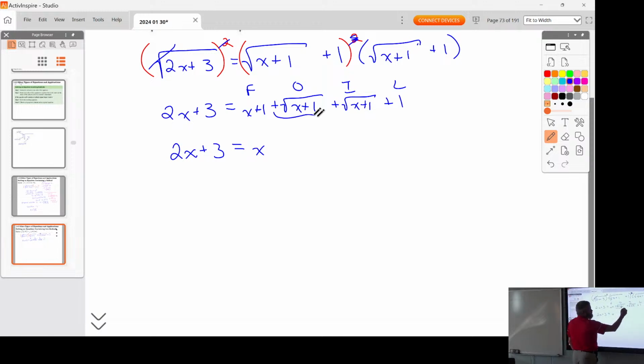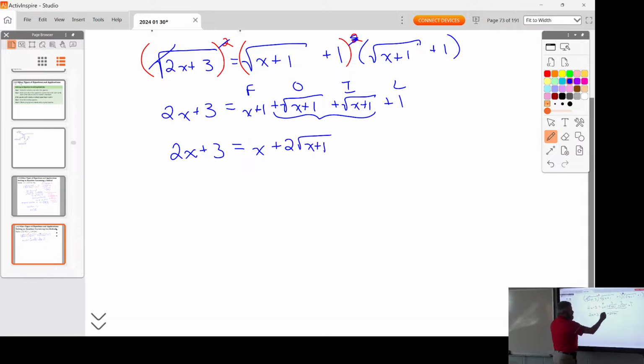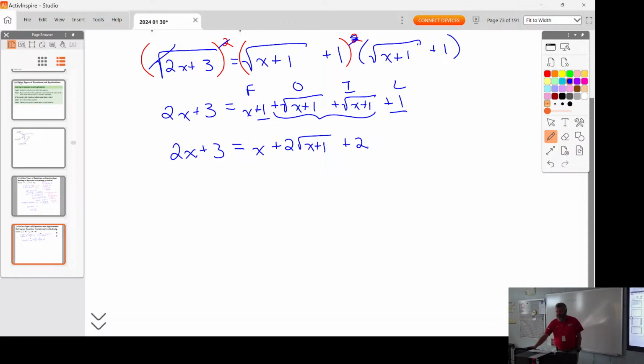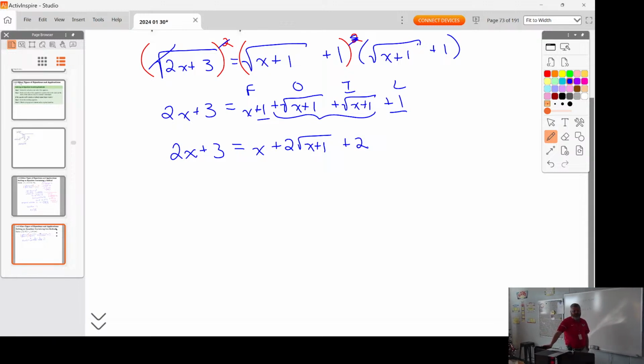I have 2 of these square root of x plus 1s, so plus 2 square root of x plus 1. And then I have these 2 constants here, so plus 2. How are we doing? Okay.